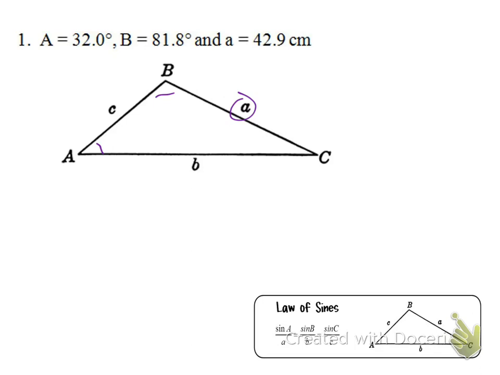So, to find angle C, we can just take 32 plus 81.8 and subtract that from 180. Okay? When we do, the measure of angle C just ends up being 66.2 degrees. So done with that, right?